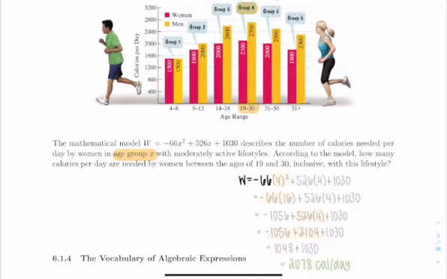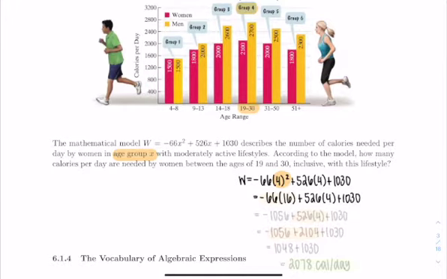So we have negative 66 times 4 squared plus 526 times 4 plus 1030. I don't have any parentheses to simplify, so the first thing that I want to do is simplify my exponents. So negative 66 times 16 plus 526 times 4 plus 1030.